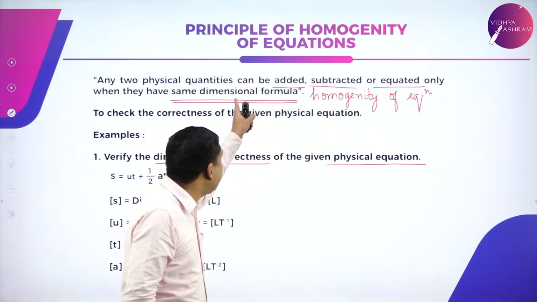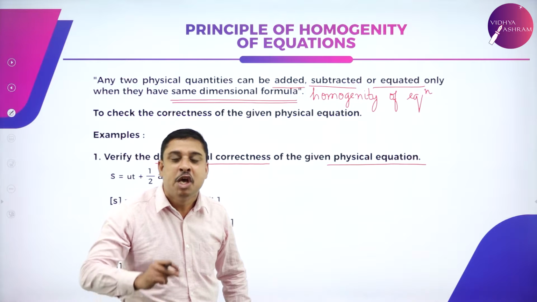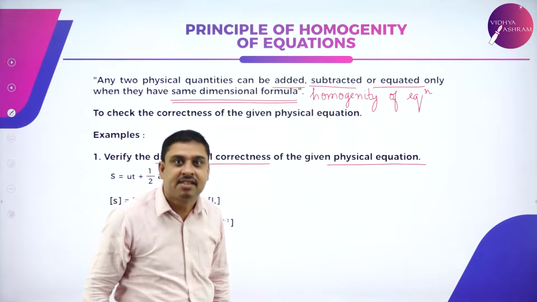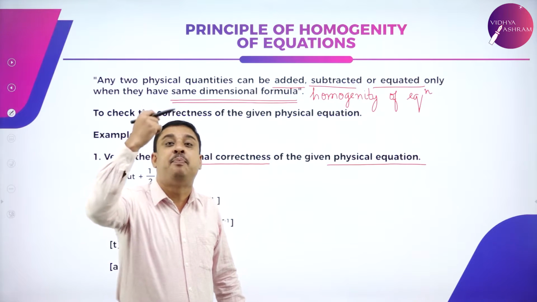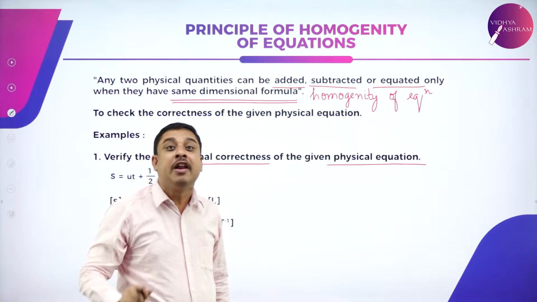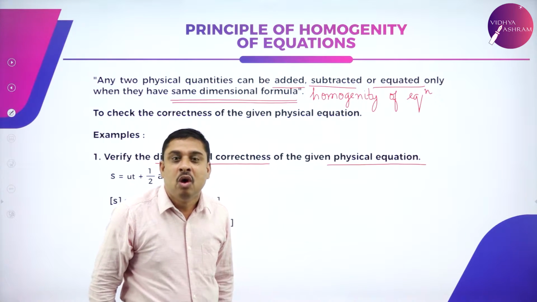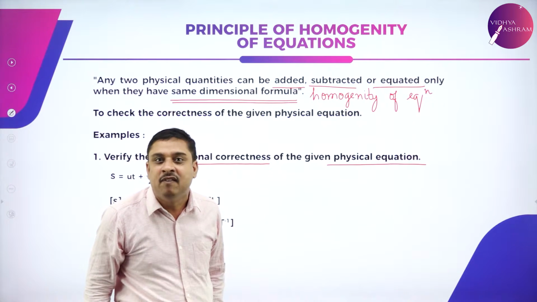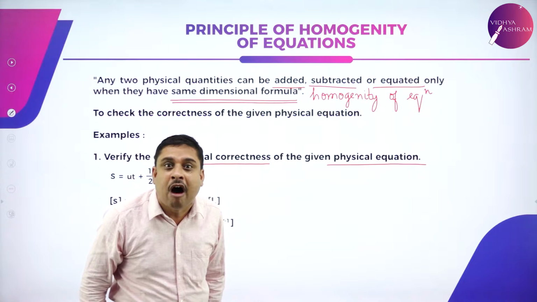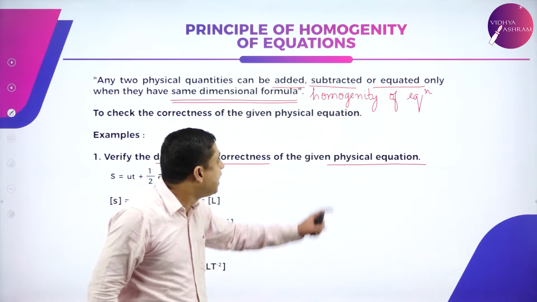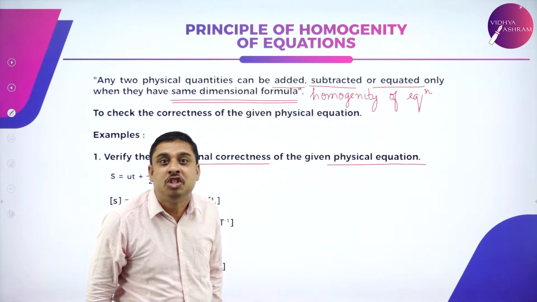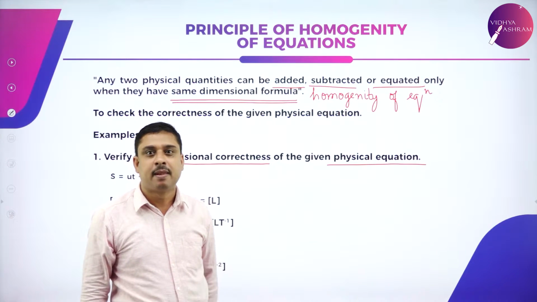So very clearly my principle says you can add two physical quantities, you can subtract two physical quantities or equate them only when they have the same dimensional formula. This is treated as the principle of homogeneity of equations.